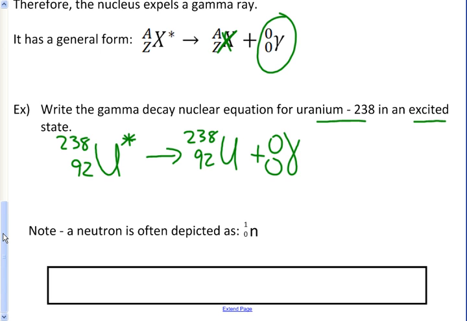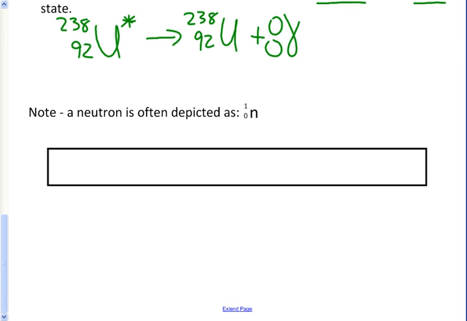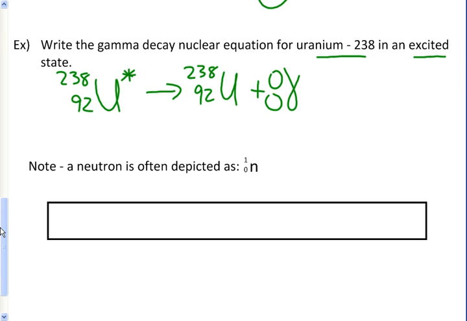Now, one thing that I'm going to say to you, and this will come up in probably this set of questions and later sets of questions and quizzes and all sorts of places, is that a neutron will often be depicted as this: an atomic mass of 1, but an atomic number of 0, and then just a little n. Sometimes it will be in the decay series that you see.